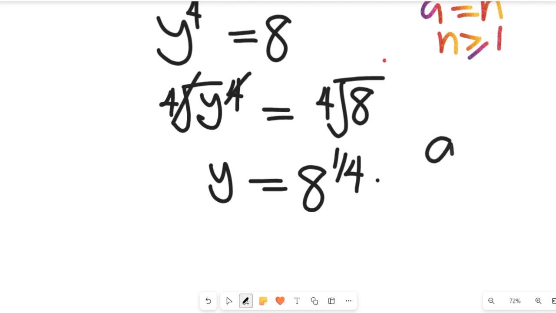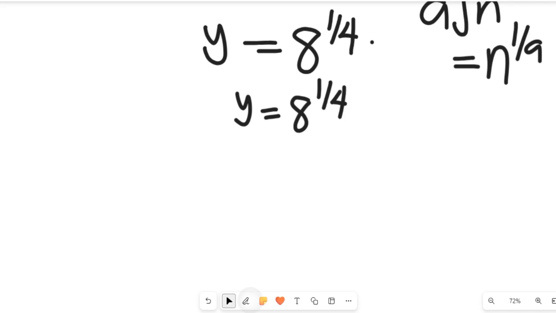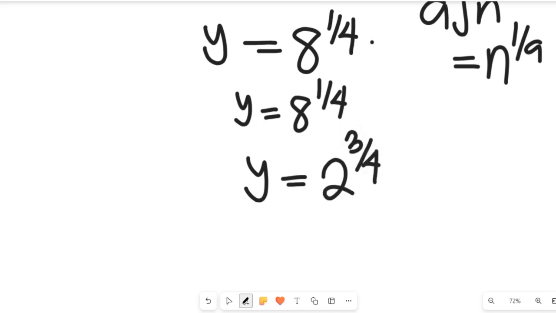Recall, if you have the a-th root of n, that will be equal to n to the power of 1 divided by a. So the value of y, which is equal to 8 to the power of 1 divided by 4, is simply the solution to that expression. Or we can simplify it further to give us y equal to 2 to the power of 3 divided by 4.